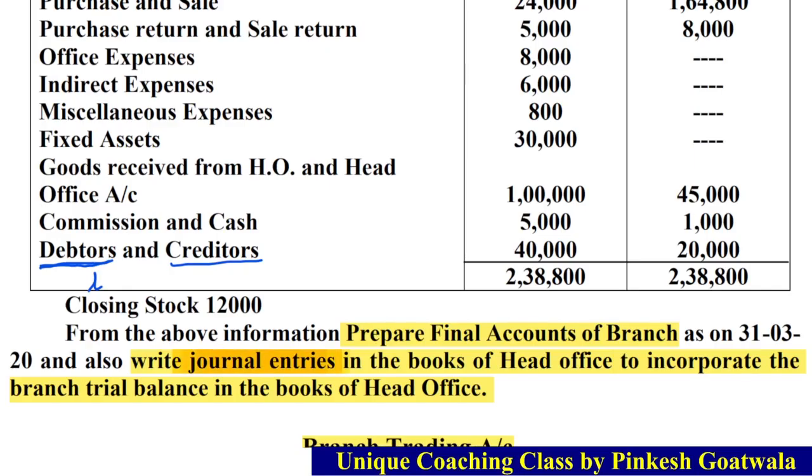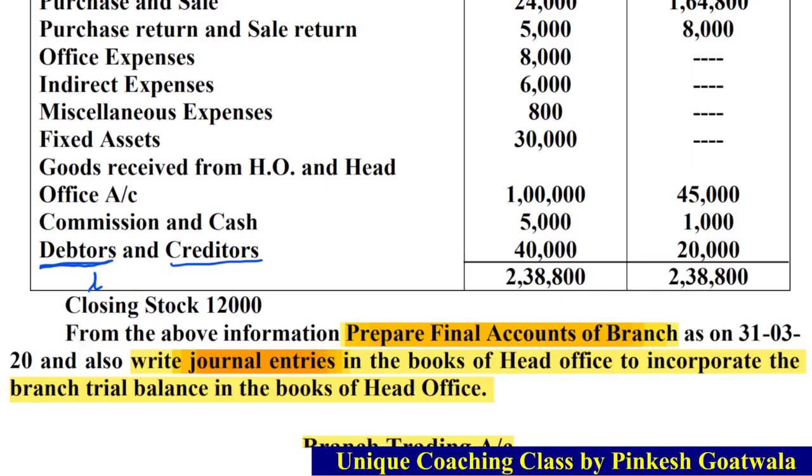And remember one thing, with this video I also give you some sums for practice. In that sum the same question, that is prepare final account and also write journal entries. તો તમને હોમવર્કમાં જે દાખલા આવશે એમાં પણ આ બંને ક્વેશ્ચન હશે. ફાઇનલ અકાઉન્ટ પણ બનાવવાનું છે અને જર્નલ એન્ટ્રીઝ પણ શો કરવાની છે. But you have to just prepare final accounts. ફક્ત ફાઇનલ અકાઉન્ટ બનાવવાનું છે. નેક્સ્ટ વિડીયોમાં હું જર્નલ એન્ટ્રીઝ સમજાવીશ.